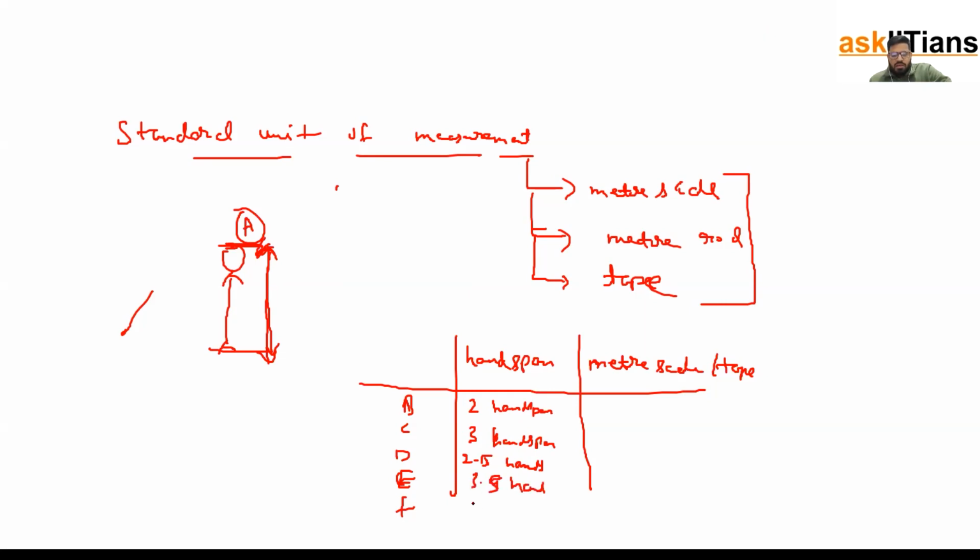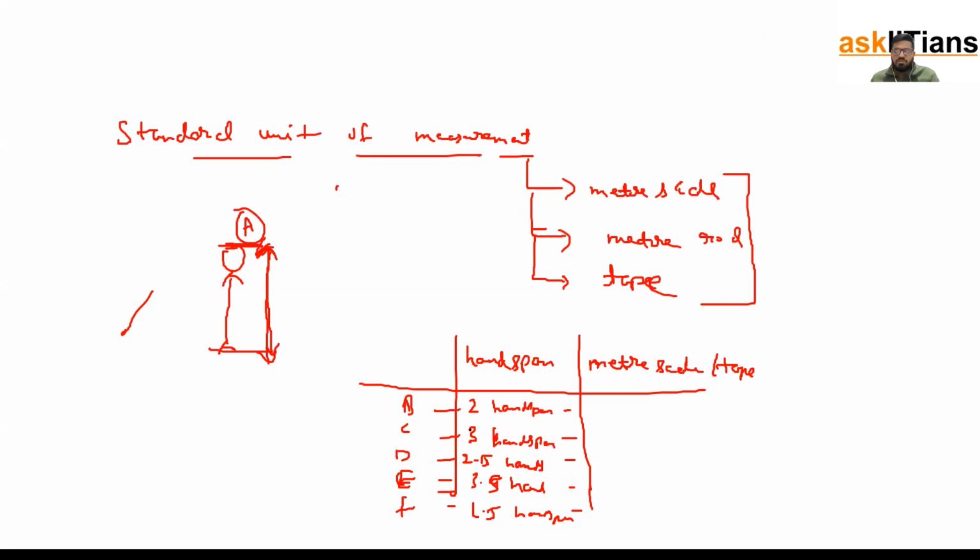F is reporting 1.5 handspan. We are just taking examples. So you can see all are reporting different lengths. Although the object is the same, although the person is A, whose height has to be measured, they are reporting different heights. Why? Because each individual has a different size of handspan.